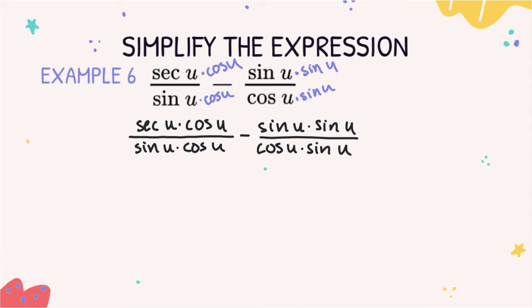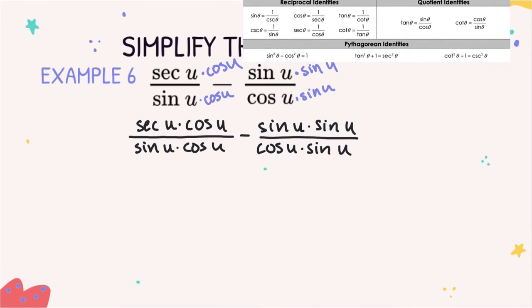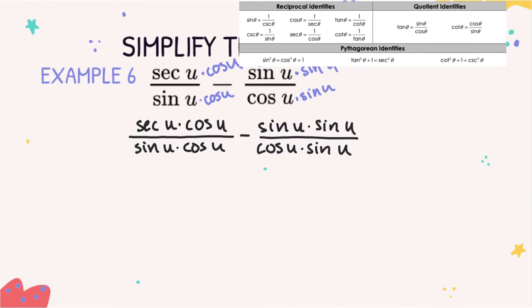I'm also going to bring in my identities and see if there's anything else that I can simplify here. Secant u times cosine u, I see that the secant and the cosine are reciprocals, and they can cancel each other out.